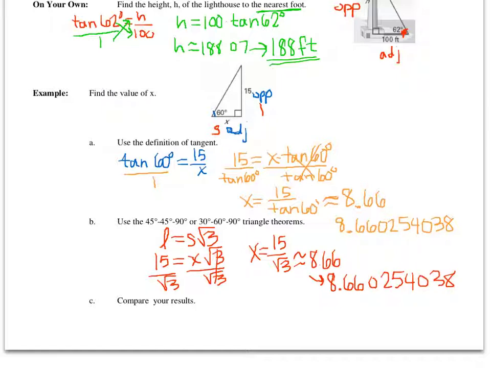The last one is comparing them, and look, you get exactly the same results whether you use the definition of tangent or you use your 30, 60, 90 triangle theorems. So to compare your result, I'm just going to put a note here. They are the same. Either method works, and both methods are accurate.